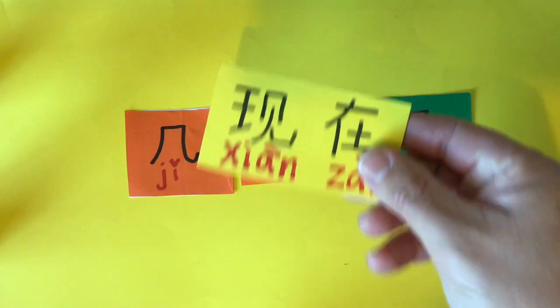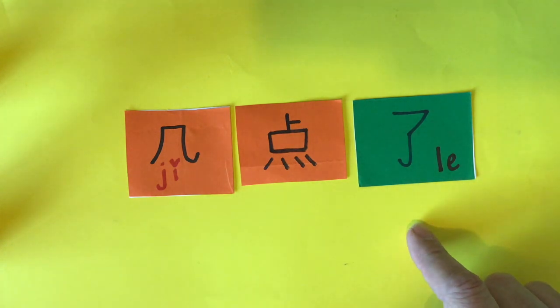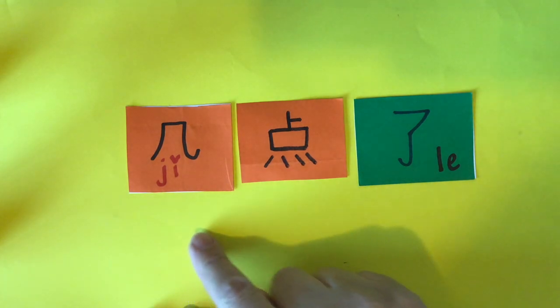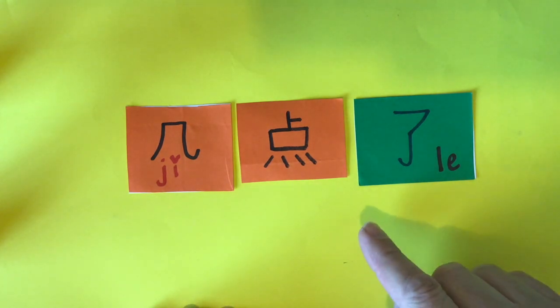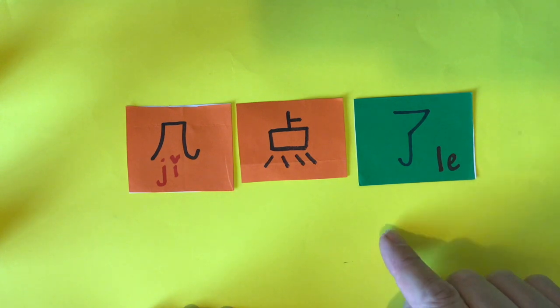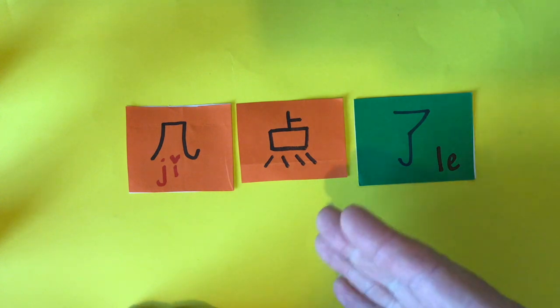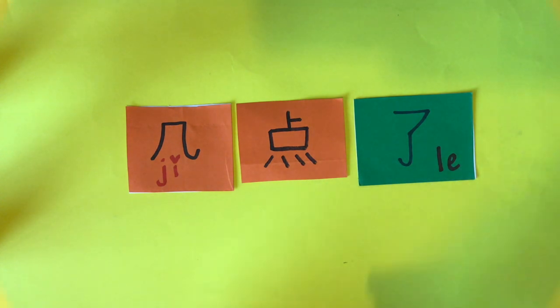So replacing 现在 with just le at the end. It's just like a slang. It's like how in Australia we'll say g'day instead of hello. It's just a particular way that people from mainland China will talk, as opposed to other Chinese people from different parts of the world, such as Malaysia or Singapore or Taiwan.